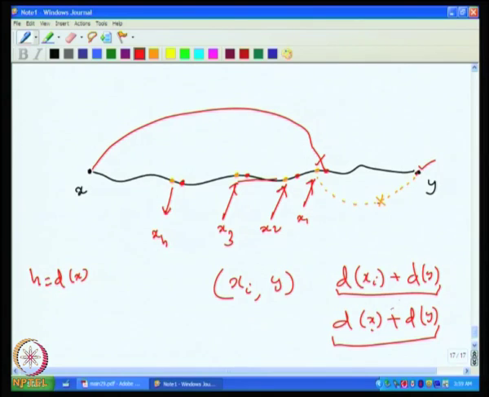This sum is definitely smaller than or equal to this sum for every i, for i equal to 1 to dx, that is true, 1 to dx means h. So, if I sum the degree of xi plus the degree of y, that should be less than or equal to the degree of x plus the degree of y. Otherwise, we would have taken that pair instead of x and y, and y with xi would have been taken.